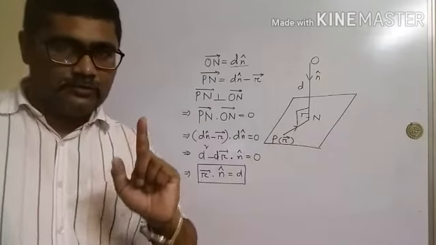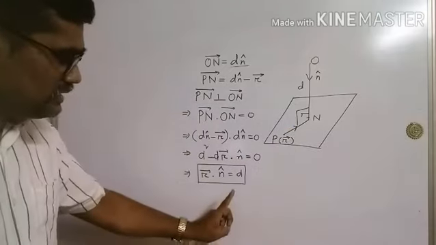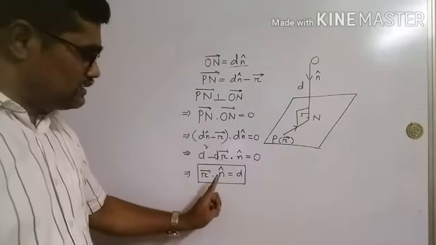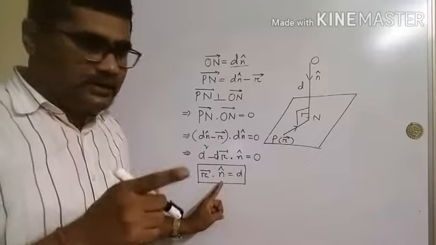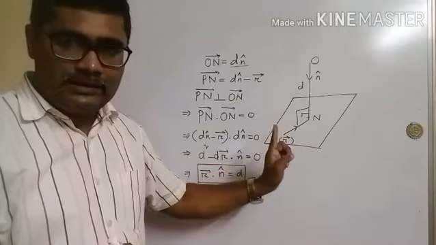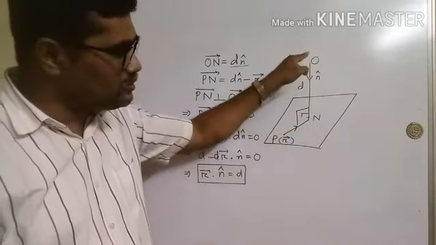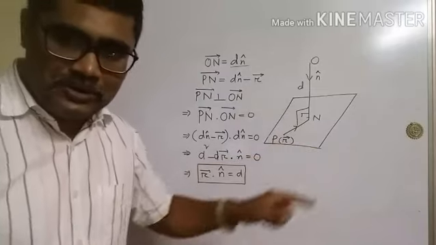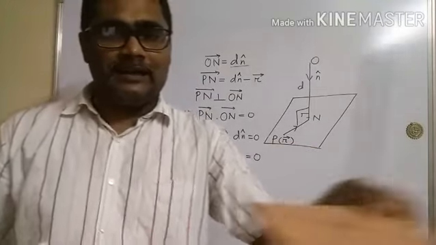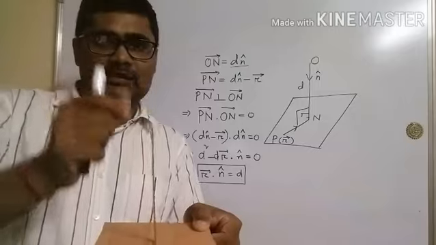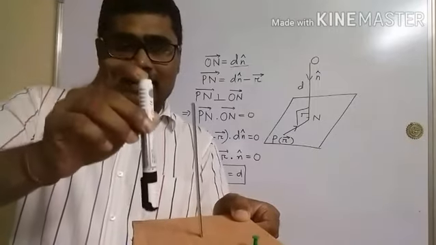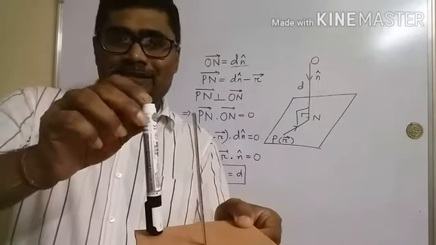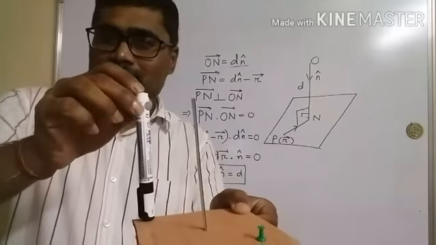Be very alert. Before I move on to the next part, let me again re-emphasize, n cap is the unit vector perpendicular to the plane. Not necessary that it should be drawn from the origin, because if I have this particular perpendicular from the origin and another from some other point, they will have the same unit vector. What is the reason?